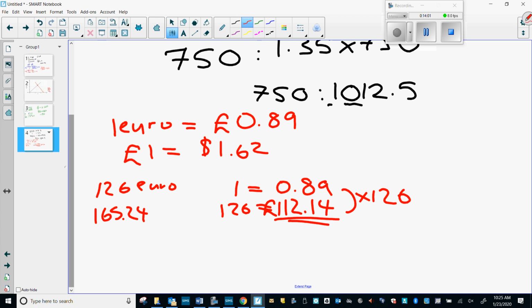Now you're trying to find the American price in pounds.